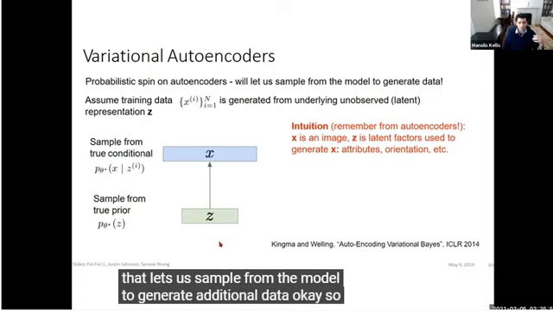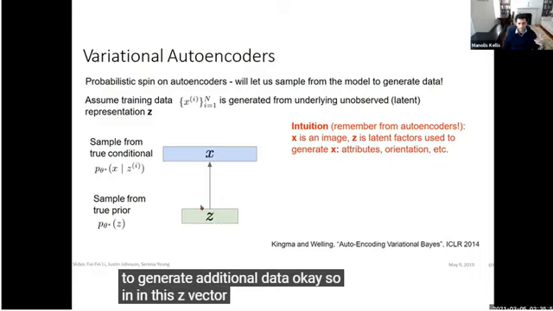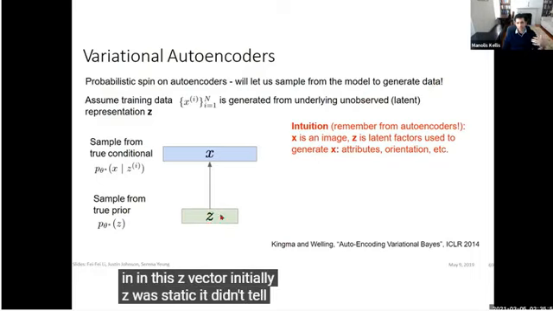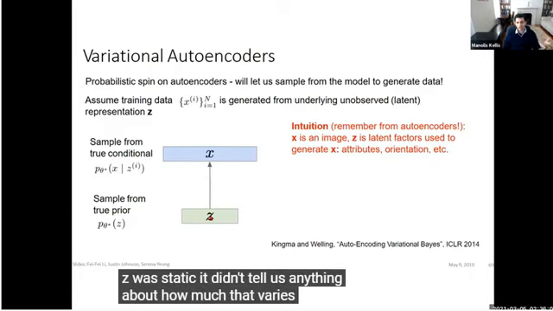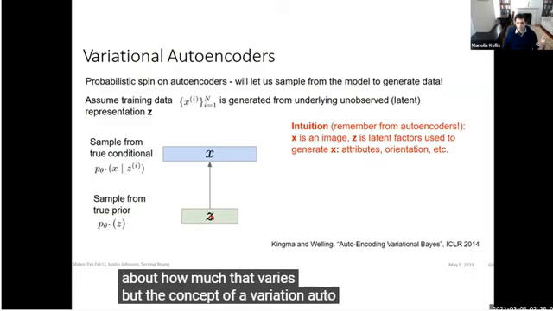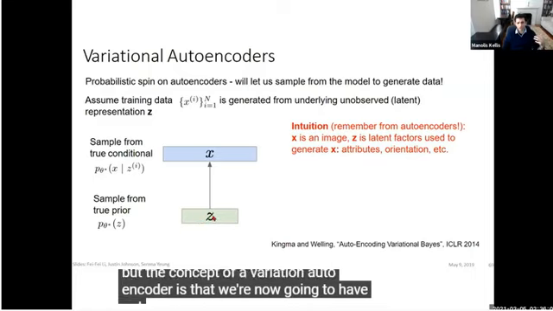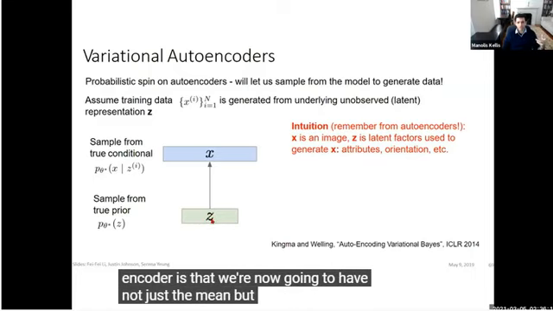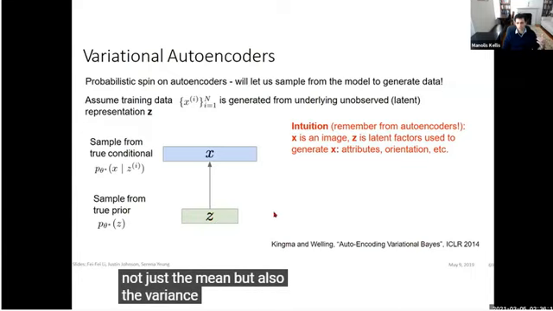In this Z vector, initially, Z was static. It didn't tell us anything about how much that varies. But the concept of a variational autoencoder is that we're now going to have not just the mean, but also the variance of these vectors.